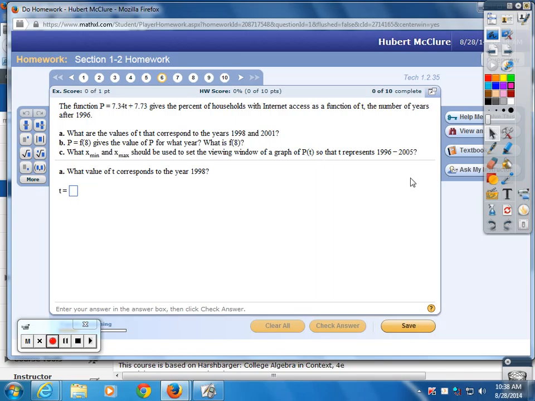All right, let's work on this one. The function P is equal to 7.34T plus 7.73 gives the percent of households with internet access as a function of T, the number of years after 1996.